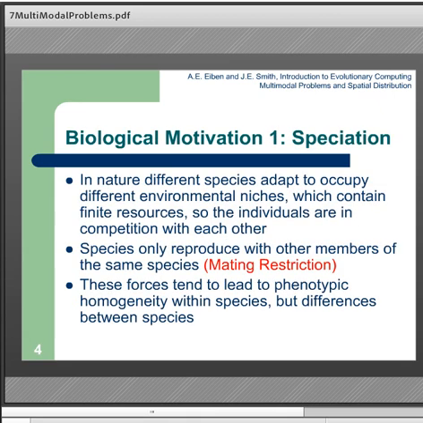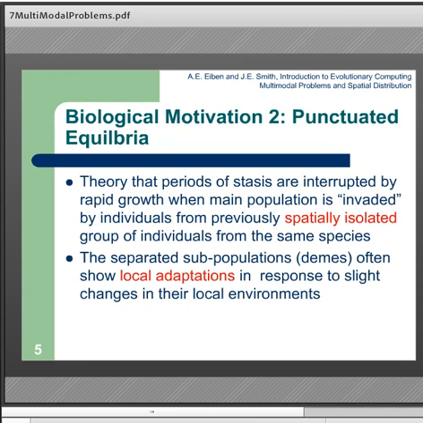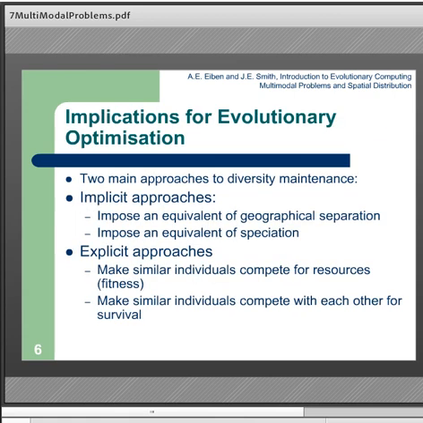So we want to avoid genetic drift and we want to keep diversity high.